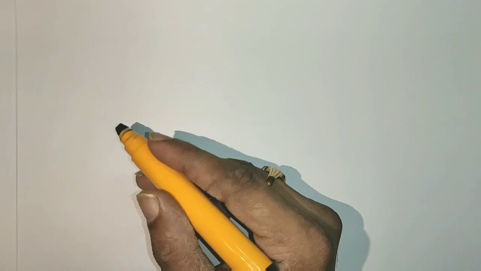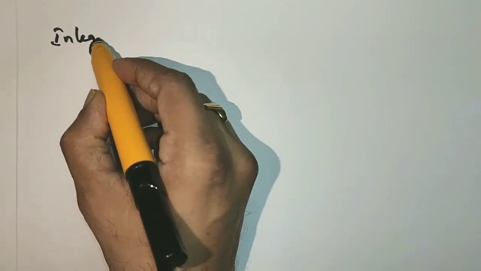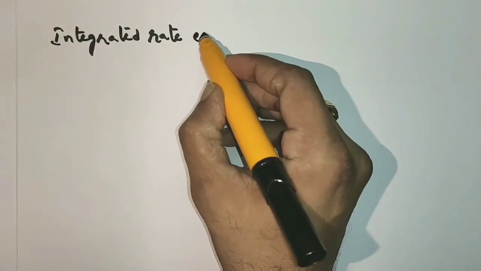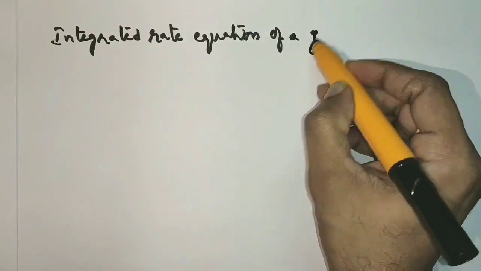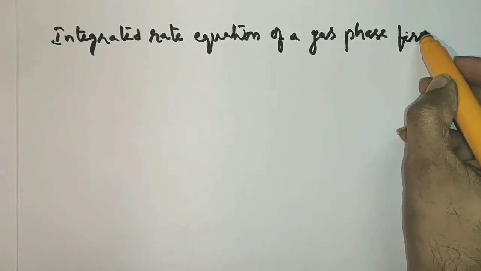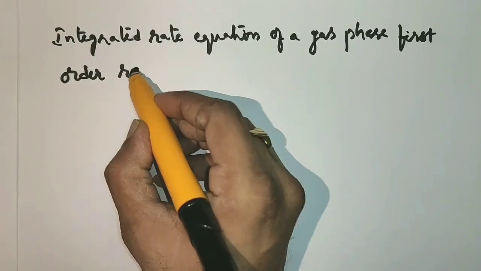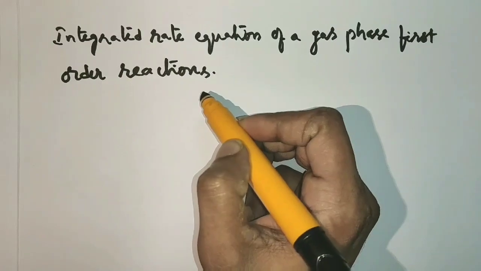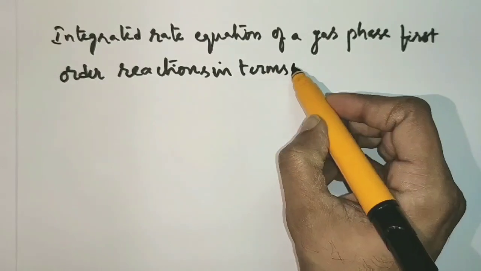So let us see how to derive the integrated rate equation of gas phase first order reactions in terms of partial pressures.